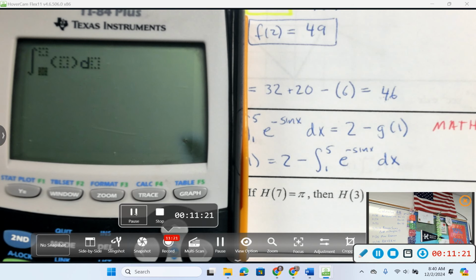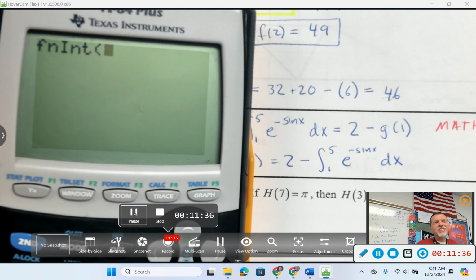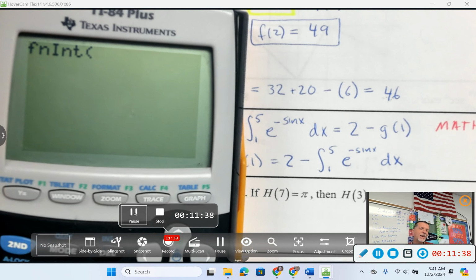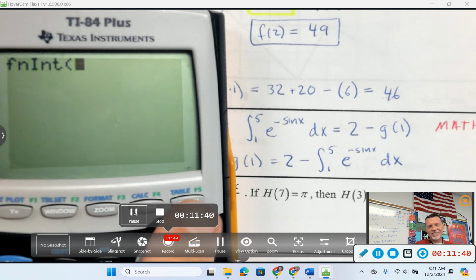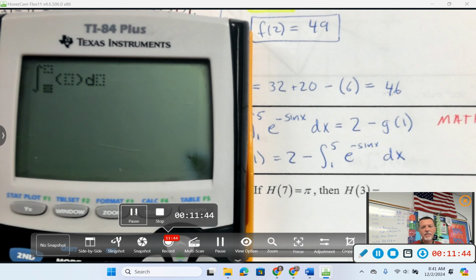Just so people know what they're looking at and know what to do if this happens. If it says function integration, there's a way to put it in, but don't do that. Just grab a calculator that looks nice. There's a few that are ugly like that. Grab a different one.